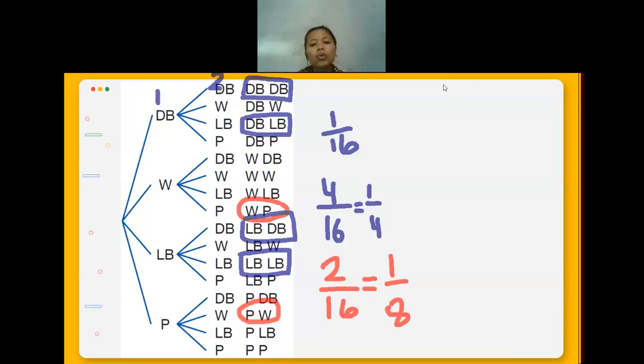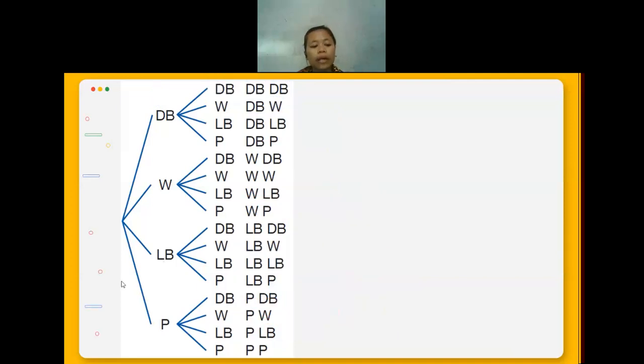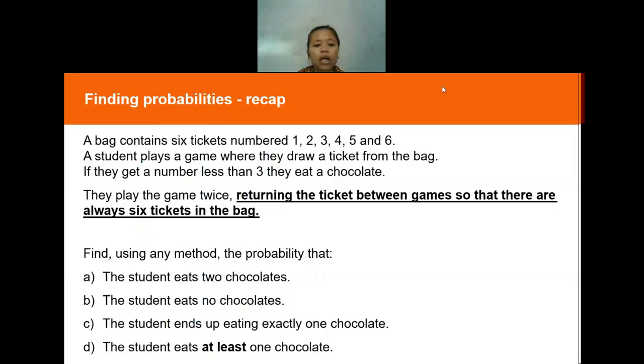Still going to use the 3 diagrams. So in here, a bag contains 6 tickets. The tickets already have number 1, 2, 3, 4, 5, 6. So now there is a box containing tickets, with a number 1 until 6. And then there is a student.